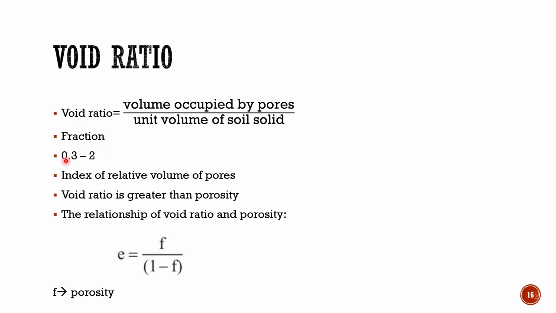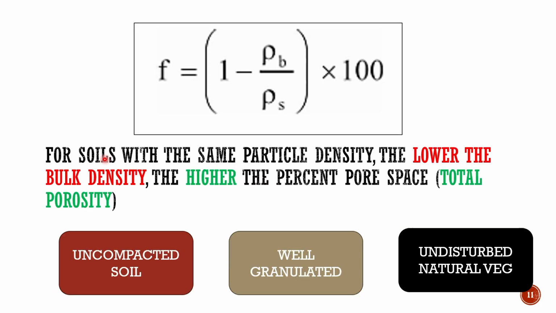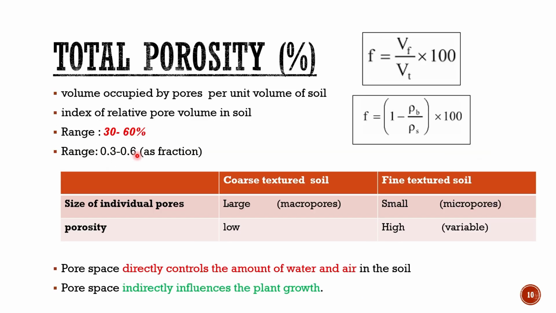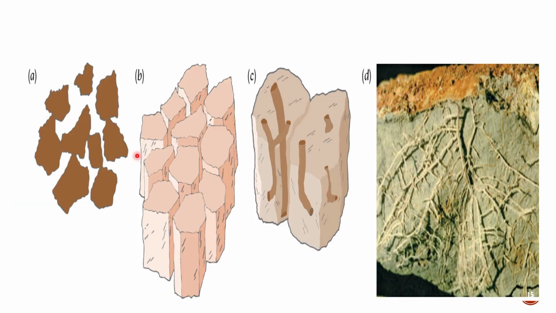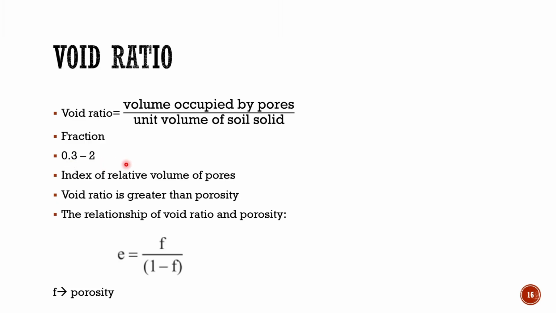Its range is between 0.3 and 2. In case of porosity, it lies between 0.3 and 0.6. But void ratio is between 0.3 and 2.